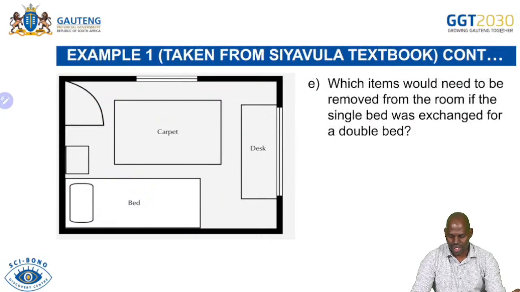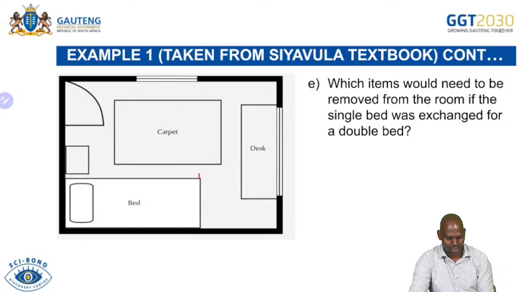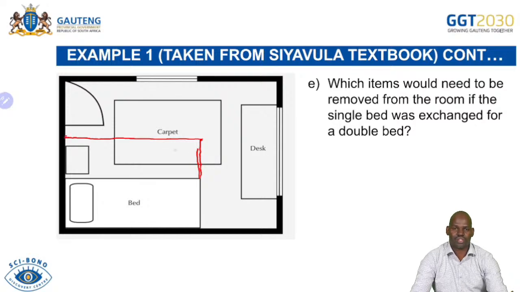which items would need to be removed from the room if the single bed was exchanged for a double bed? Now you've got a single bed. Now maybe if you need a double, it will probably be this size, more or less.